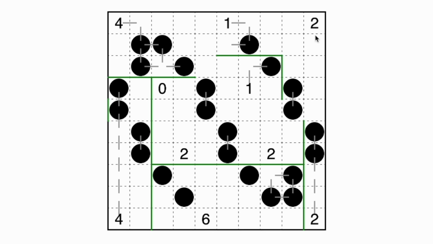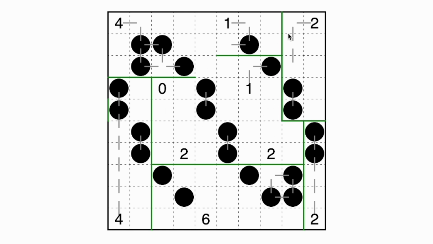That means that this 2 has to pick up these 2. Well, I guess now that I know that these 2 are taken, this 2 has to go with these 2. So that comes down here, and that is as far as it can go. So we're done with that region.